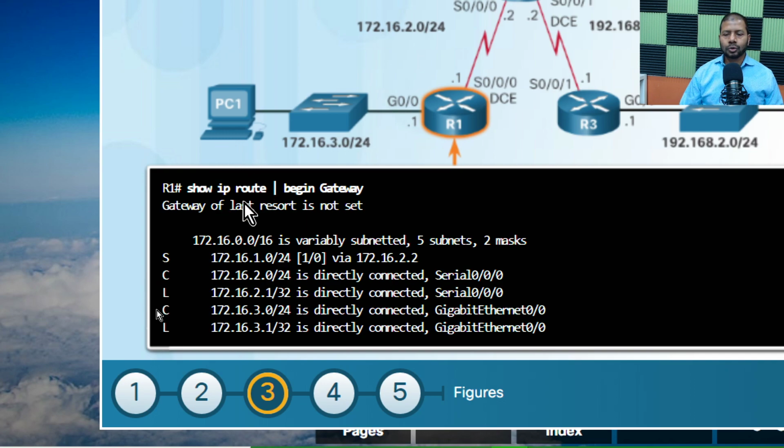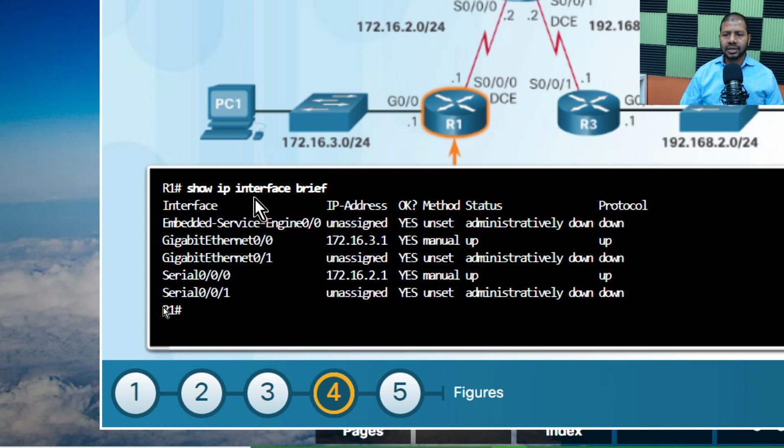Show ip route. In this one, you are displaying the routing table, and you want to begin on the line that has the word gateway in it. So these are all show commands, simple things. Show ip interface brief, we have used that command tons of times in CCNA 1. It shows all the interfaces and whether they are up or down.